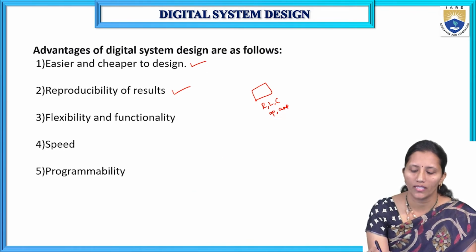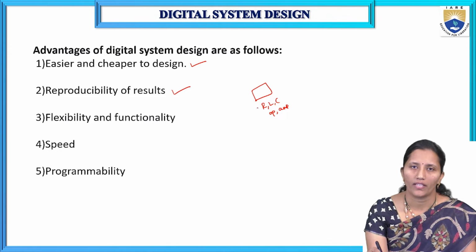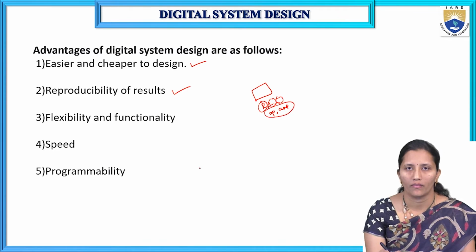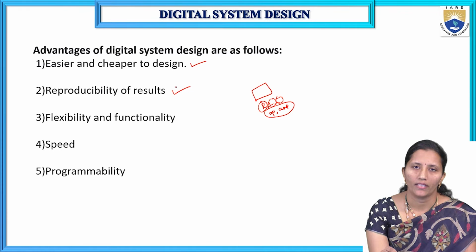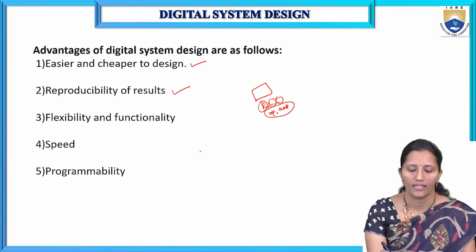If we want to change the functionality of the output, we have to change the components and redesign the analog system. But in a digital system, we can reproduce the result by changing the algorithm. So the reproducibility of a digital system is easy compared with analog systems.